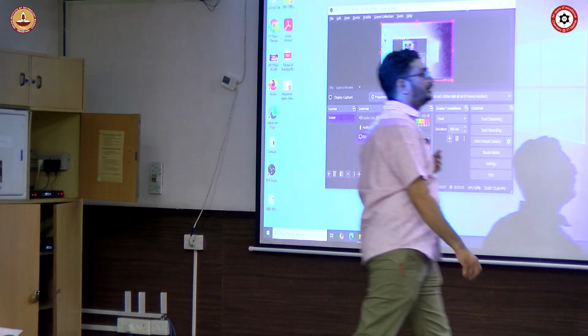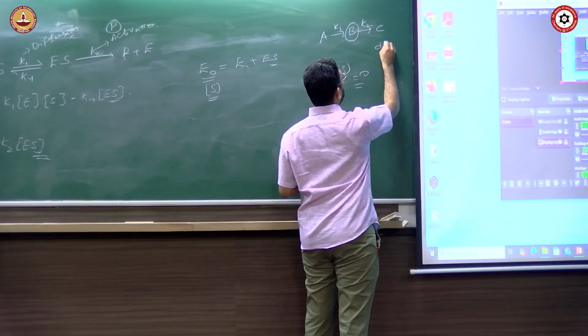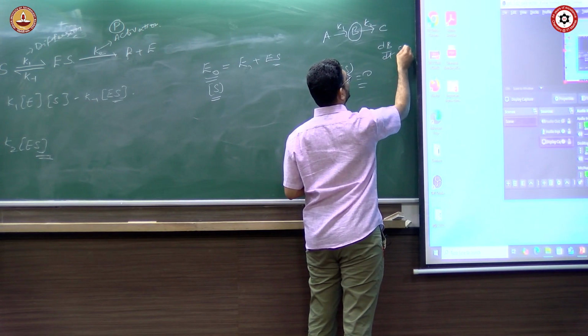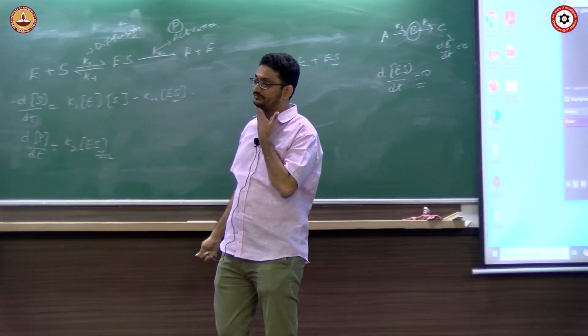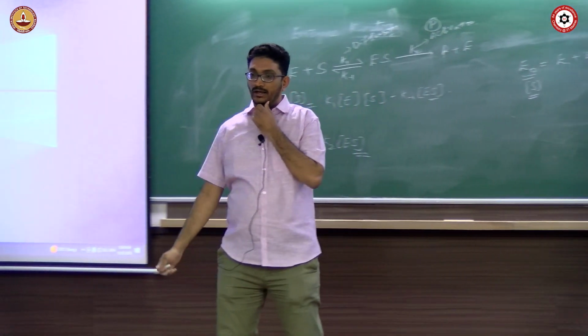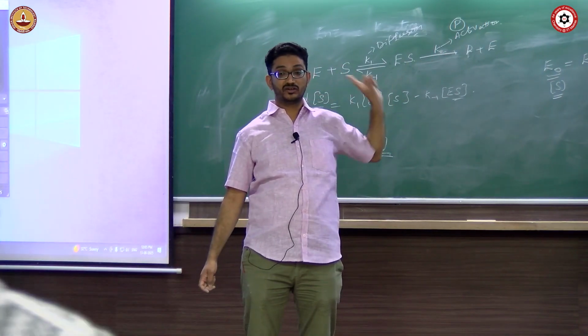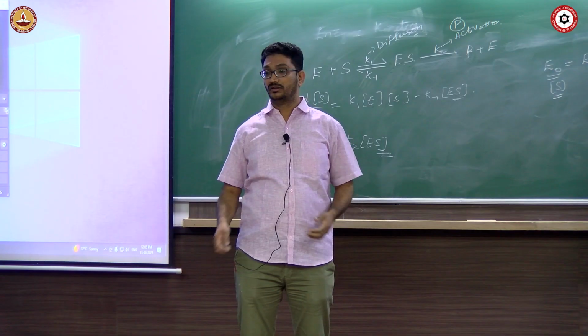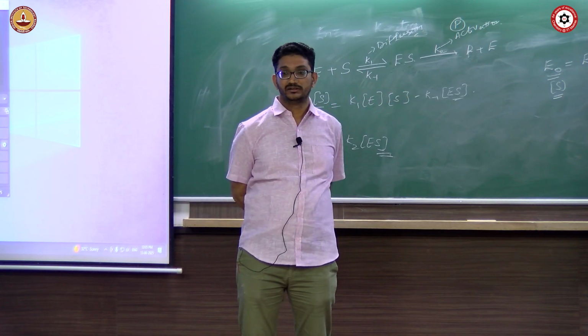Steady state approximation means dB by dt is equal to 0, in this case. By the way, these are called consecutive reactions.